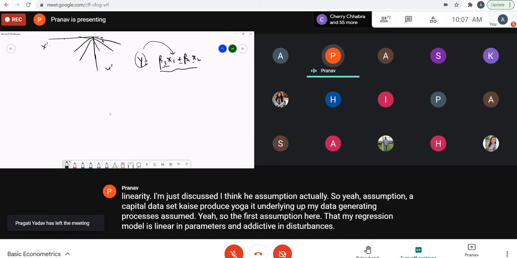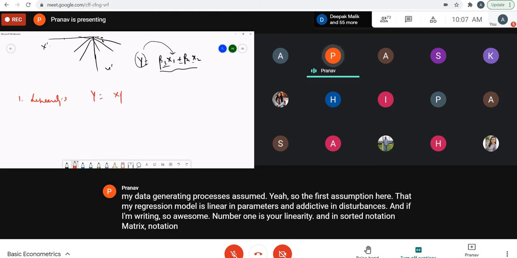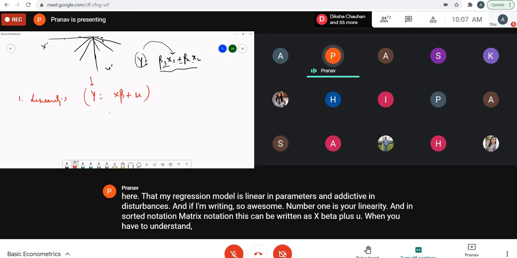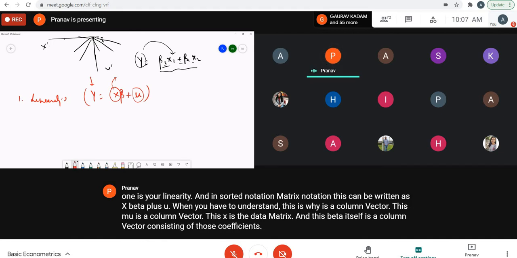And if I'm writing, so assumption number 1 is your linearity. And in shorthand notation, in matrix notation, this can be written as y equals x beta plus u, where you have to understand this y is a column vector, this u is a column vector, this x is a data matrix, and this beta itself is a column vector consisting of those coefficients.